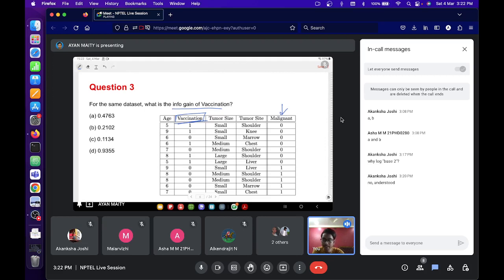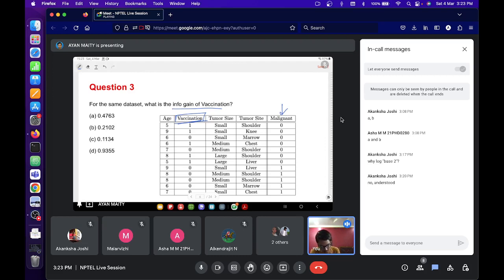For information gain, first we need the entropy for the decision variable, which we have already computed in the last question, and we also need to compute something else. Does anyone know how to compute this?